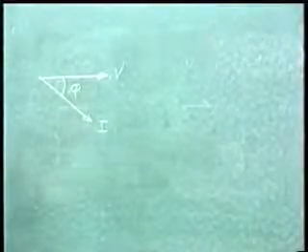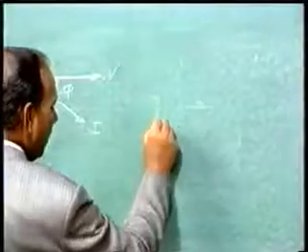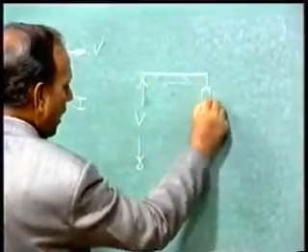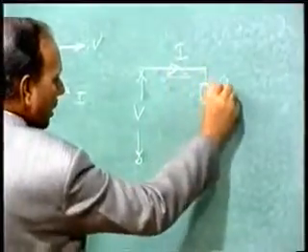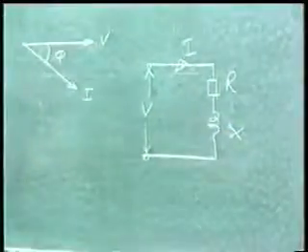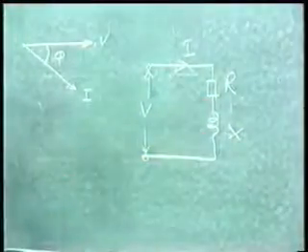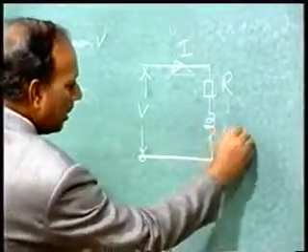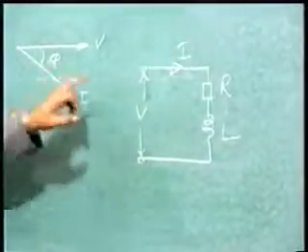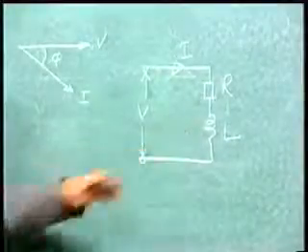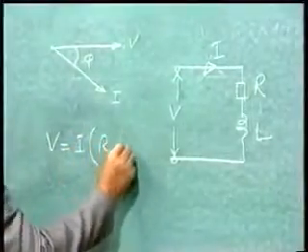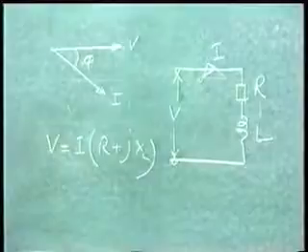A voltage V is here and current I is flowing through a resistance R and an inductance L. Since it is an RL circuit, the current will lag the voltage by a certain angle. So these are equivalent, isn't it? You can write the equation also, V is equal to I times R plus jXL. So all are equivalent.